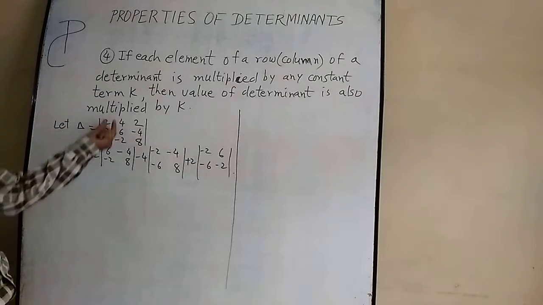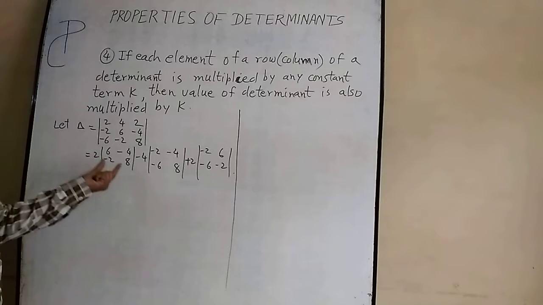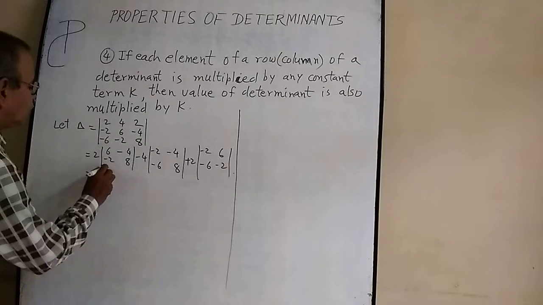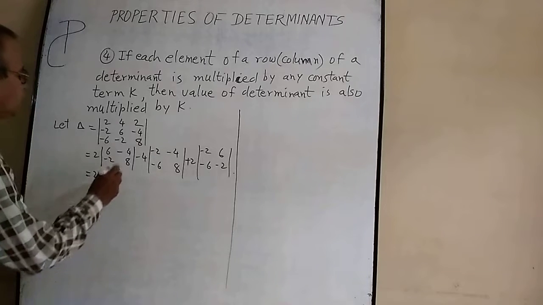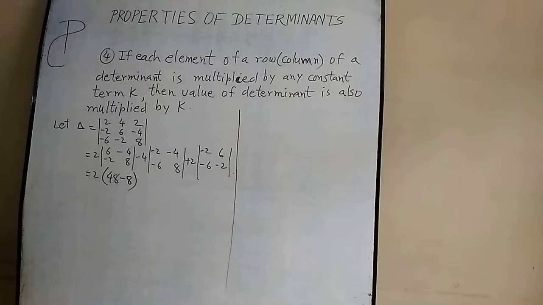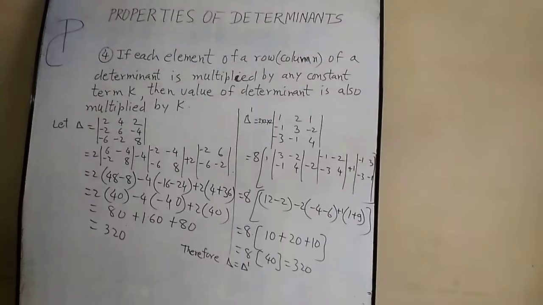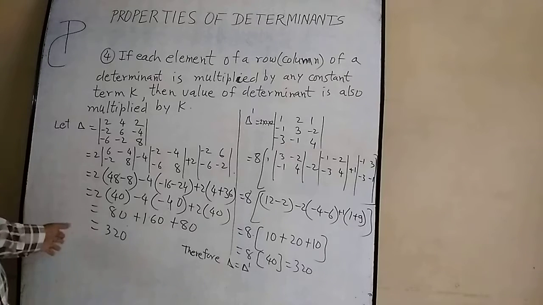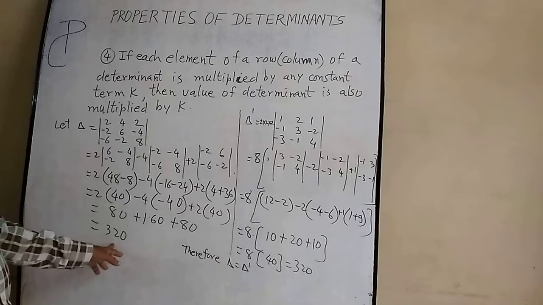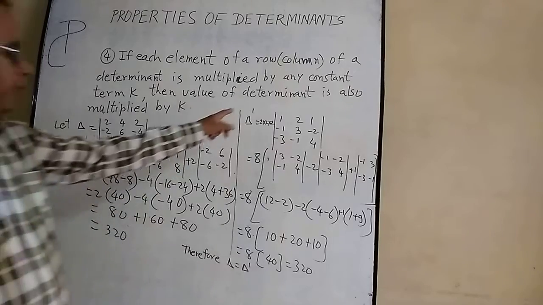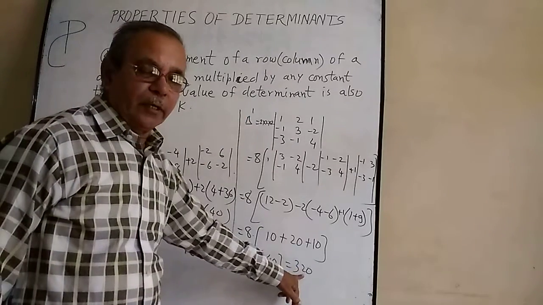Now here, a simple expansion without removing this 2, and that should be equal to 2, 4, 8 and minus 8. Here I observe that the value is 320 for delta, and delta dash is also equal to 320.